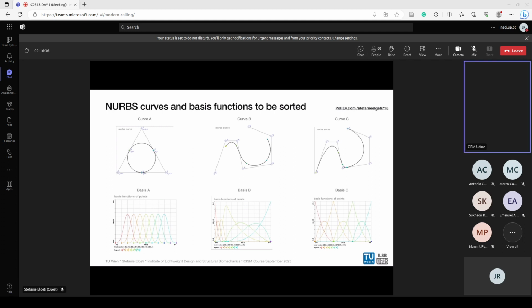And so this will eventually correspond to curve B. Once we look at basis C, we can deduce that this is connected to this curve, because the circle is usually comprised of a number of circular arcs that are connected, either 3 or 4. In this case, it's 3 circular arcs, and we can still see the structure of those circular arcs here.